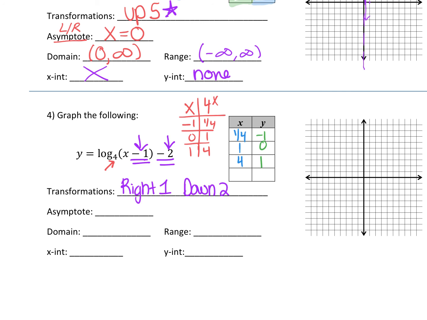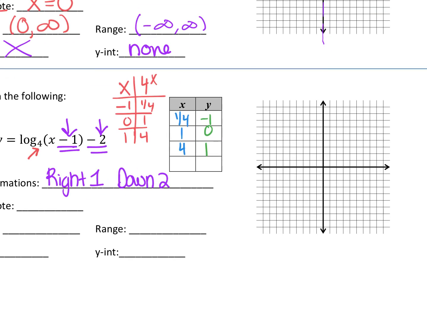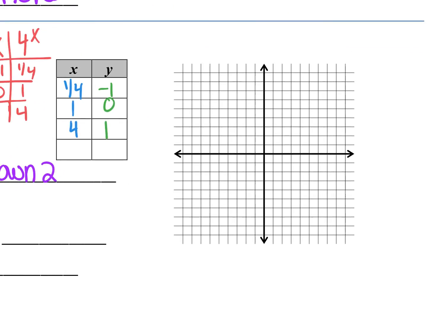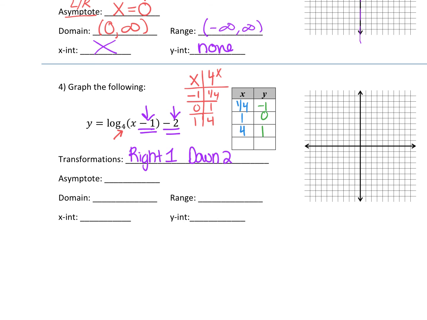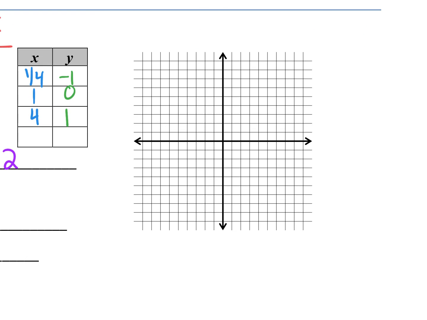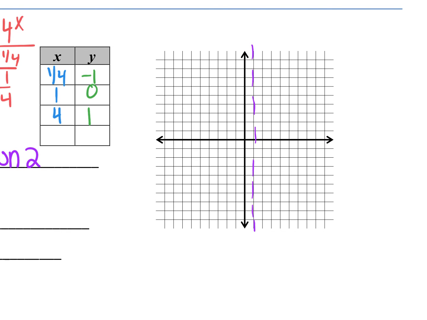So now when I go to plot these points, I need to shift them each right 1 and down 2. Well, let's talk about the asymptote first, actually. So if I'm going right 1, that's going to affect my asymptote. So my asymptote's going to be at 1. So we can draw that in. So 1/4, -1 would be right there, about.